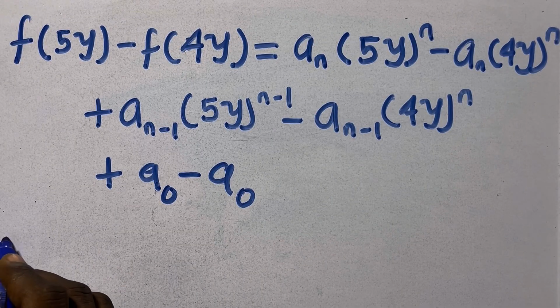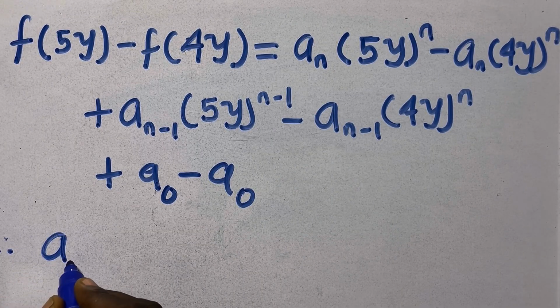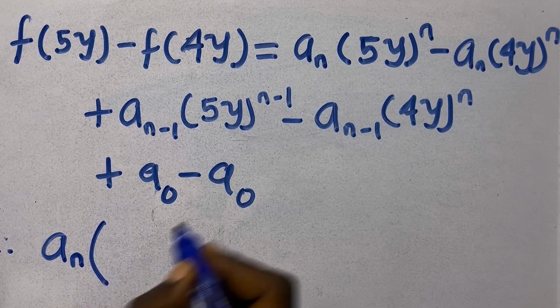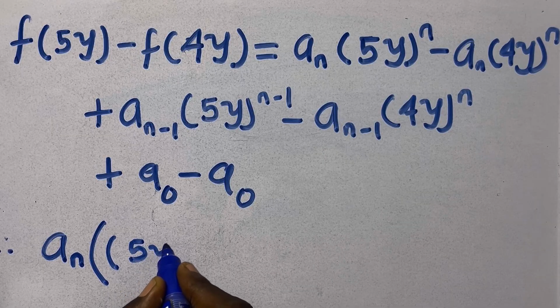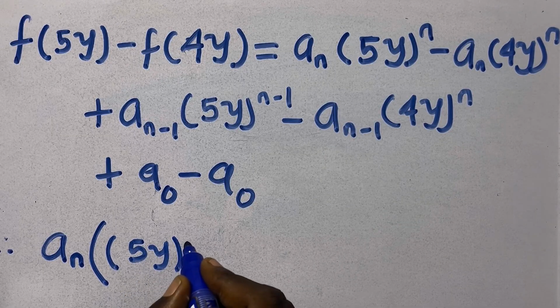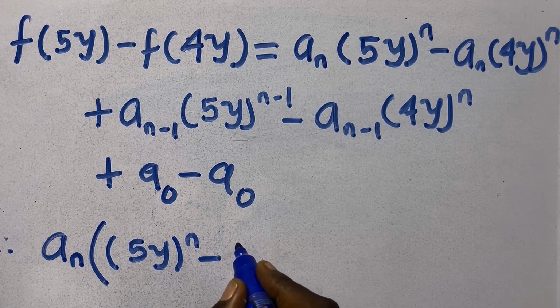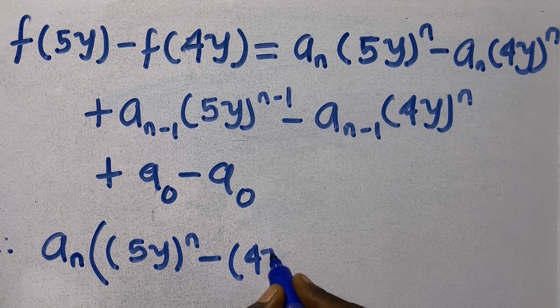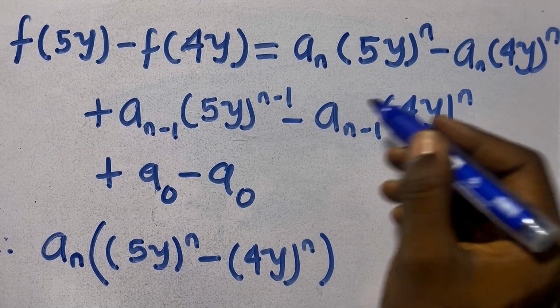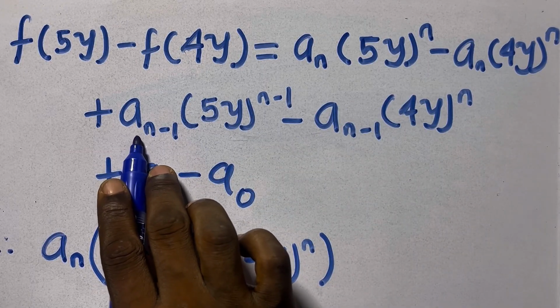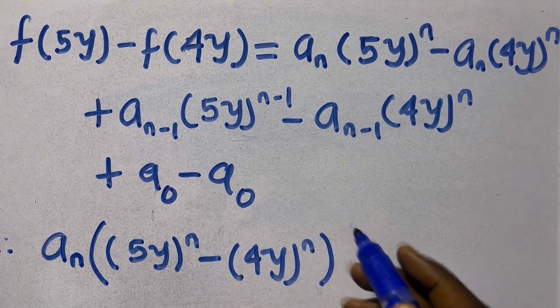Therefore we have a subscript n times 5y raised to power n minus 4y raised to power n. And for here we have in common a subscript n minus 1.